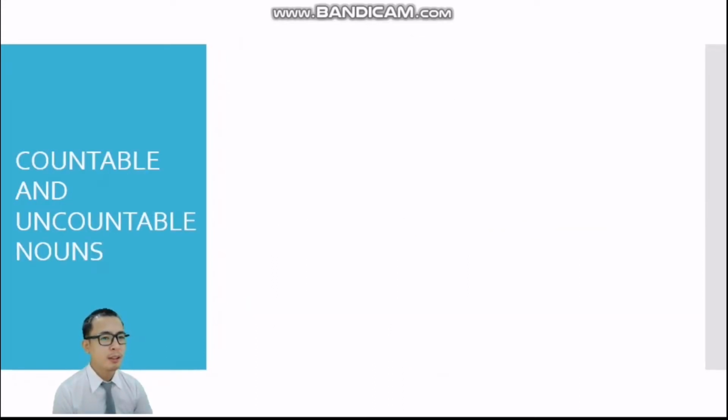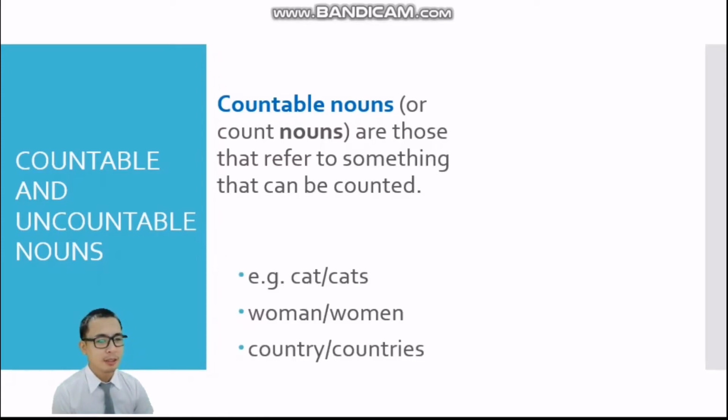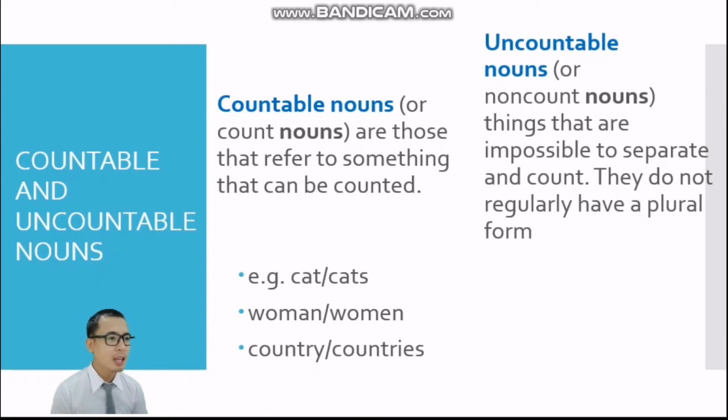So from there, you will now know the countable and uncountable nouns. So what are countable nouns? Countable nouns are those that refer to something that can be counted. Example, cat or cats, woman or women, country or countries. On the other hand, uncountable nouns are things that are impossible to separate and count. They do not regularly have a plural form.